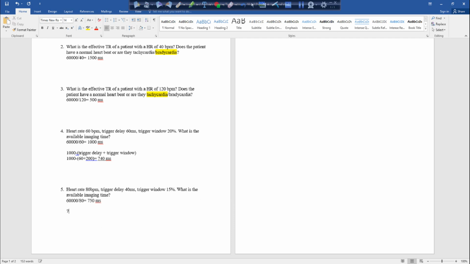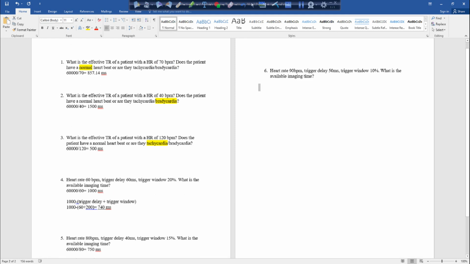So then our 750 minus, what's our trigger delay? 40 plus, what's 15% of 750? 112.5. So then what's our final answer? 597.5, right? Our final answer, available imaging time.